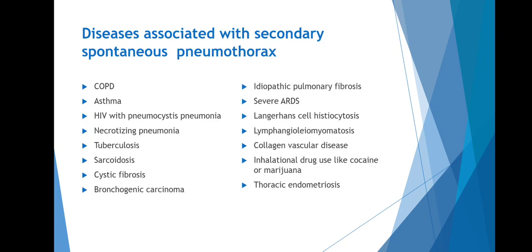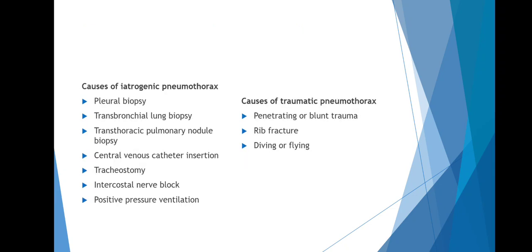Then diseases associated with secondary spontaneous pneumothorax include COPD, asthma, HIV with pneumocystis pneumonia, necrotizing pneumonia, tuberculosis, sarcoidosis, cystic fibrosis, bronchogenic carcinoma, idiopathic pulmonary fibrosis, severe ARDS, Langerhans cell histiocytosis, lymphangioleiomyomatosis, collagen vascular disease, inhalational drug use like cocaine or marijuana, thoracic endometriosis.